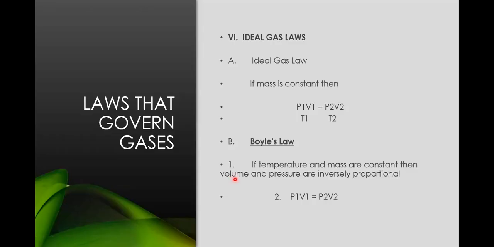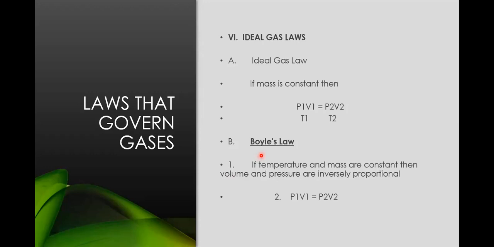All right, so we'll go back to this last one. Boyle's law. Now, the ideal gas law, don't worry about the ideal gas law. Boyle's law says if temperature and mass are constant, then volume and pressure are inversely proportional. And so that constant one is easy.